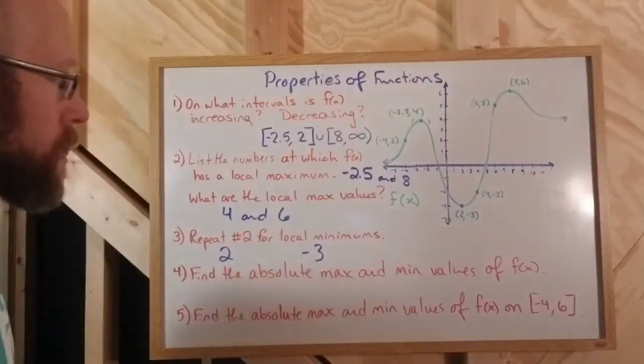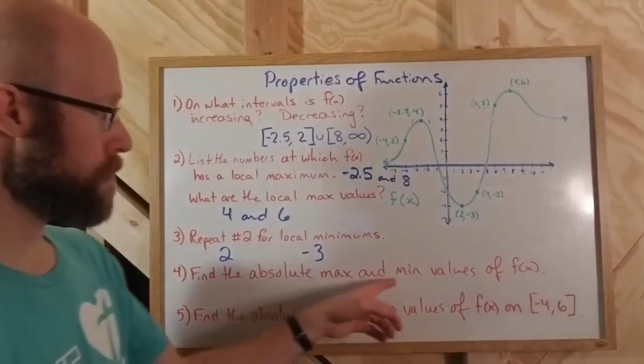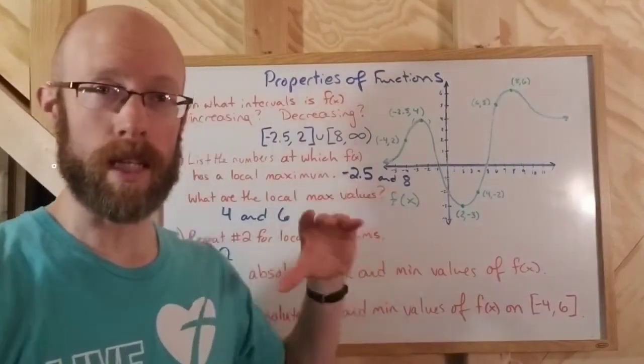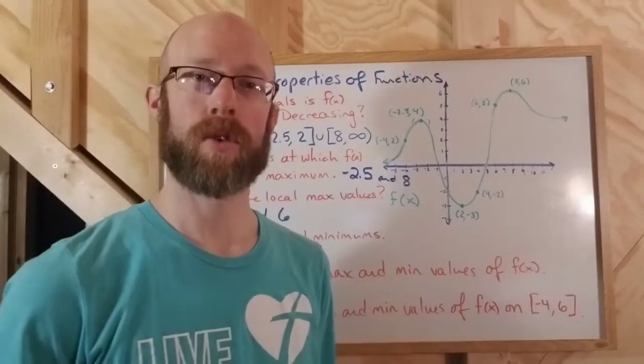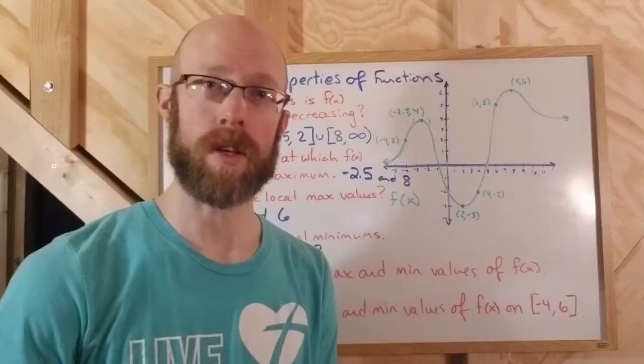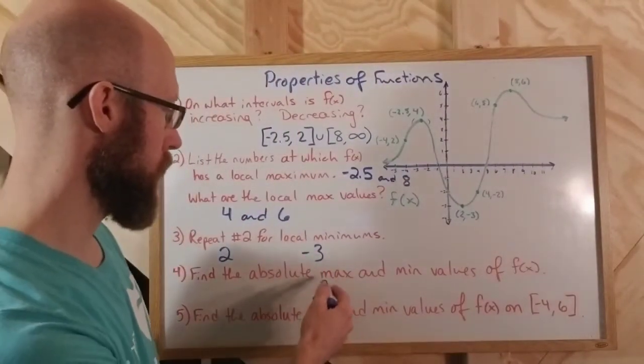All right. Next question, find the absolute max and min values of f of x. So now what we're doing is we're looking at the entire graph as a whole, and we're trying to identify where the largest value, the highest value is, and where the lowest value is. So let's look at the maximum first.